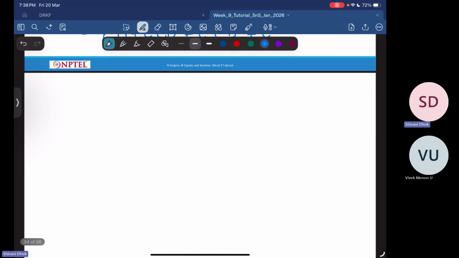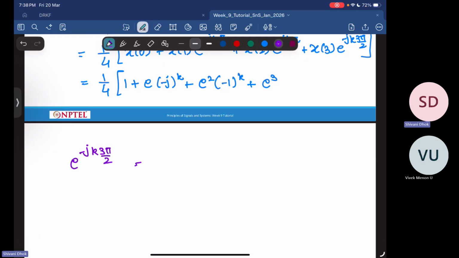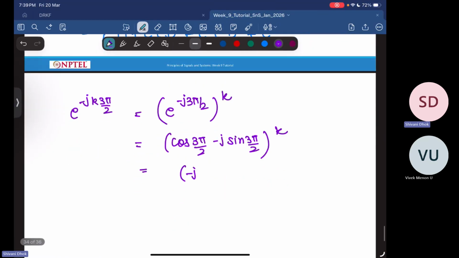You can write e power minus j k 3 pi by 2 as e power minus j 3 pi by 2 whole to the power k, that is equal to cos 3 pi by 2 minus j times sine 3 pi by 2, whole to the power k. Cos 3 pi by 2 is 0, and minus j into sine 3 pi by 2 is minus 1 to the power k.